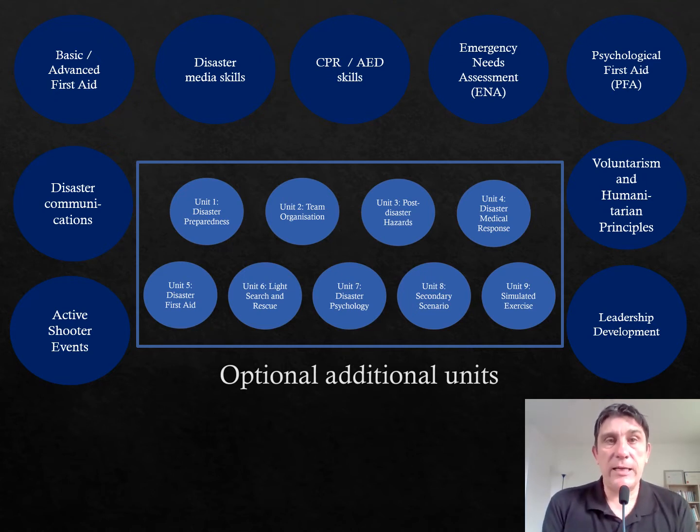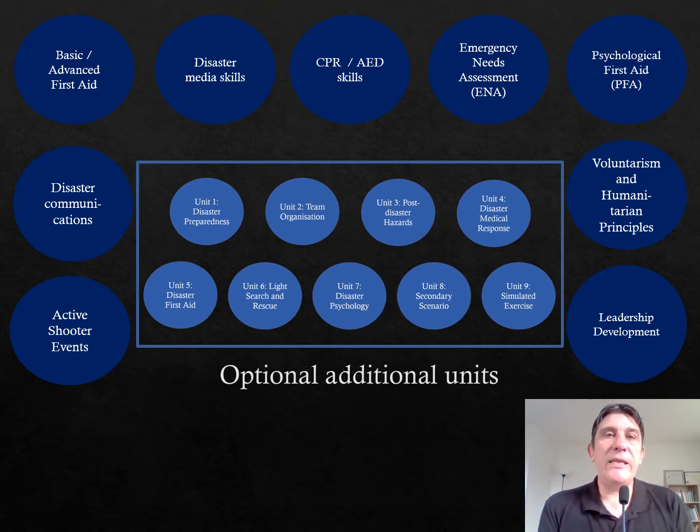Psychological first aid could be taught, maybe the critical incident stress management protocol or another PFA protocol. Although we will outline humanitarian principles and volunteerism, of course, further modules could be added regarding that, or even leadership development modules.